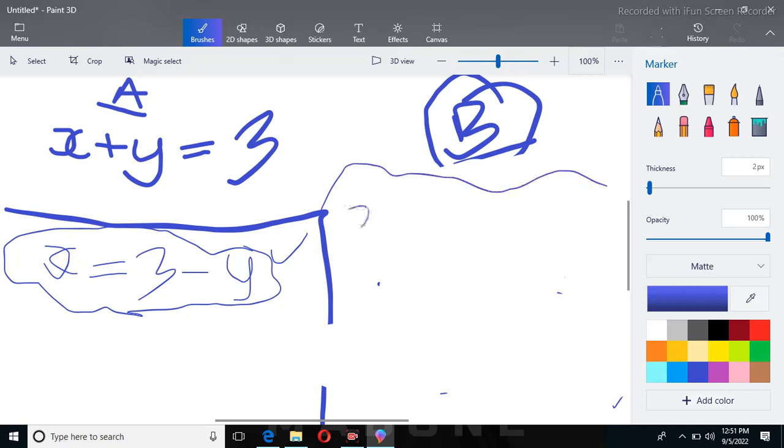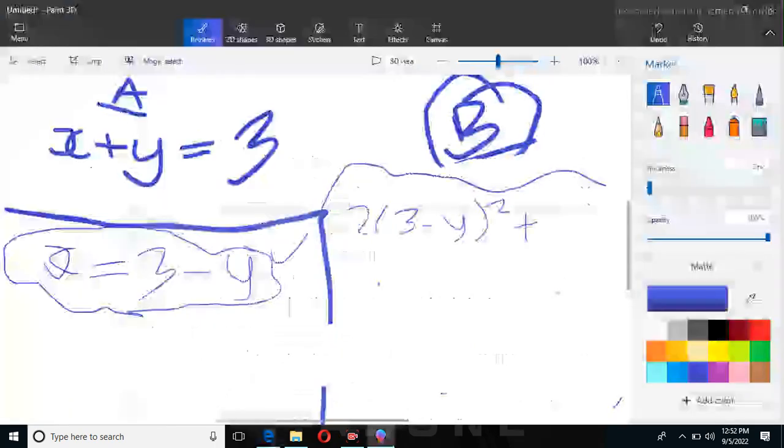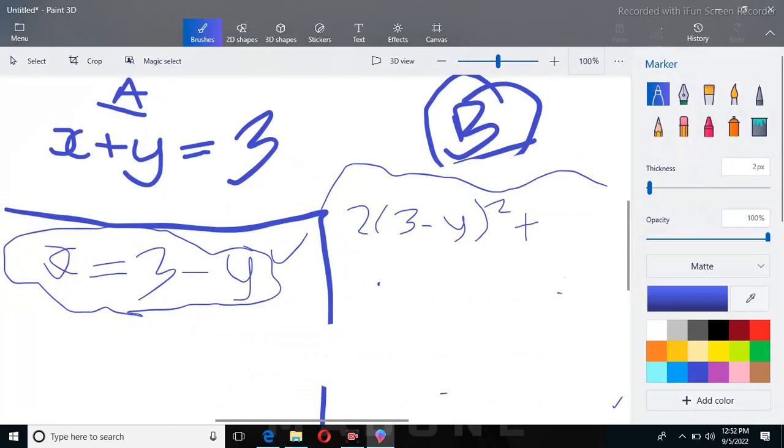So it was 2, I believe. x squared. Where there is x, we put 3 minus y, squared. Then there was plus something. Plus 4xy.